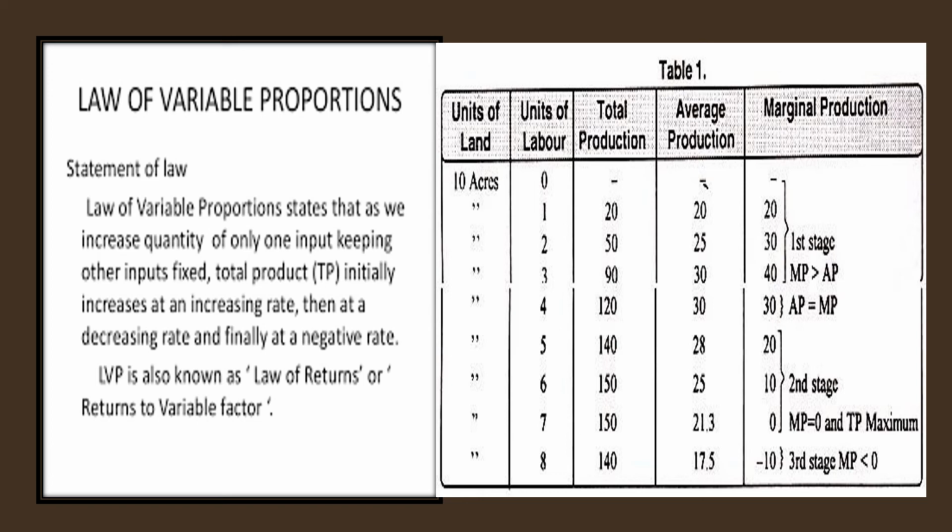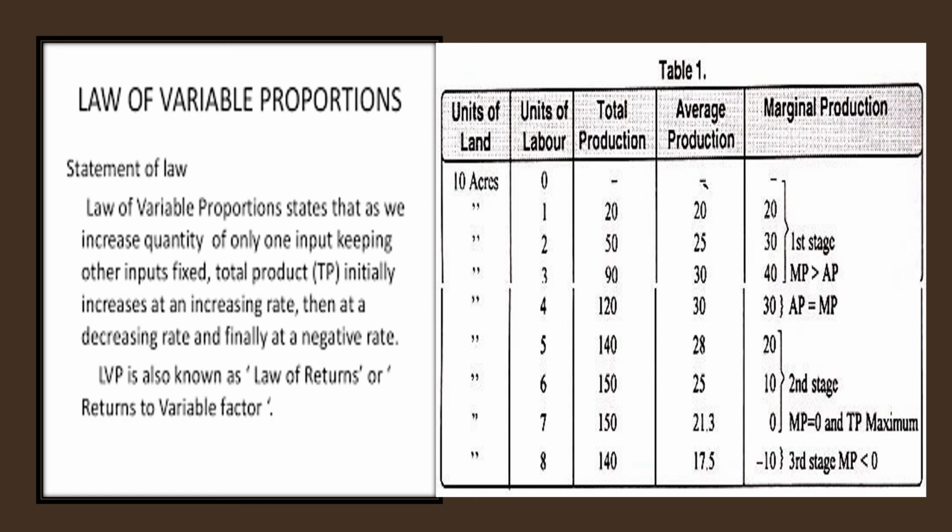So what we are going to conclude from this is, till the third level of labor, marginal product is 40, which means marginal product is greater than average product. This is the first stage of the law of variable proportions. Then comes the point when average product is equal to marginal product.